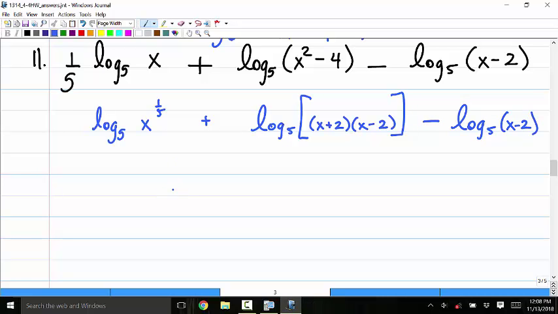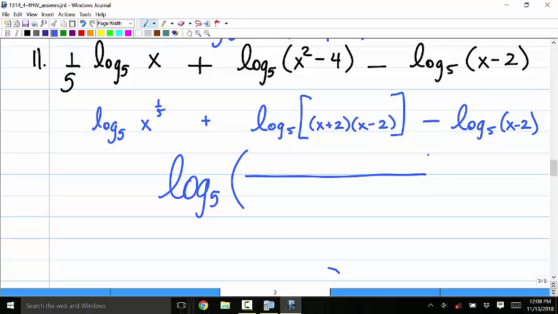Okay, let's write it all as log base 5 of something. What's in the numerator? Do you see x to the 1/5 is in the numerator? What else is going to be up there? That. Right? So I'm going to have times x plus 2, x minus 2. Now what goes in the denominator?